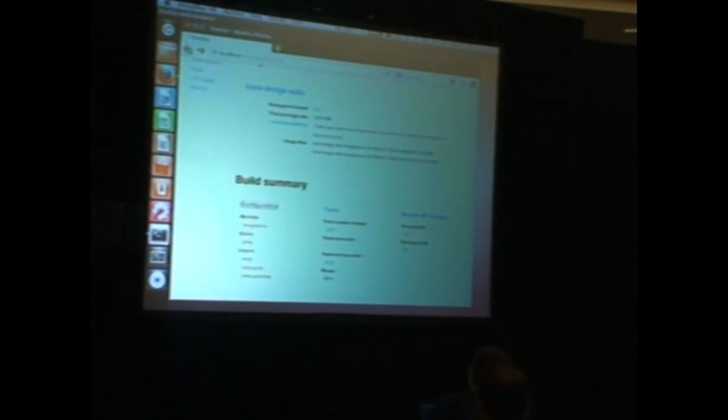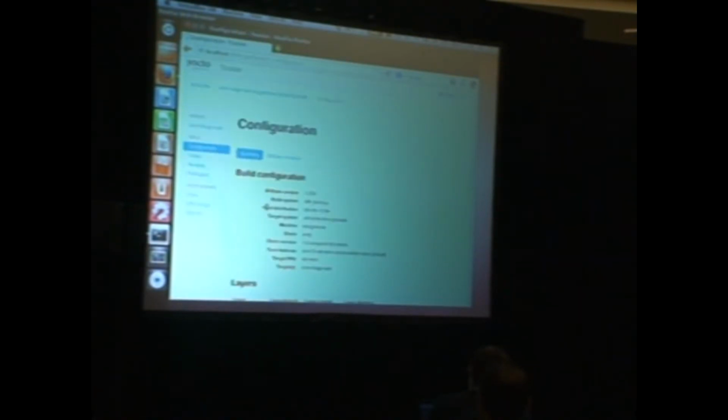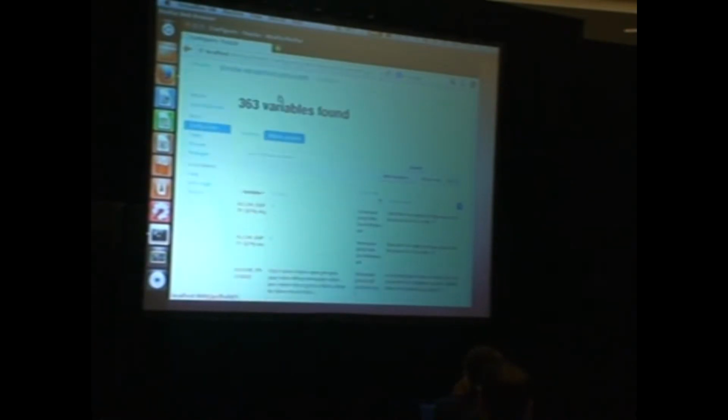Okay, comparing the two things is getting difficult, but let me see. Seems to come from the same place. I mean, the layer commit here has the same hash. I'm going to guess something here is different, but at this point it's getting a little bit out of hand. I'm going back and forth between the two builds trying to figure out what's different.